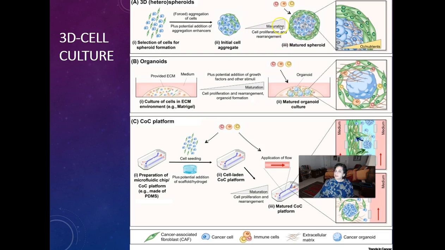As they do that, the cells are going to rearrange themselves into a more organized structure, and that mature spheroid is going to have different areas where you can see different types of cells interacting with it.